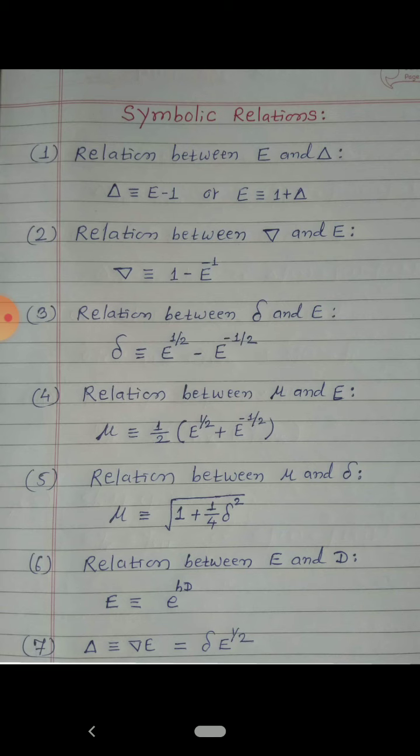That means e raised to minus n f of x is equal to f of x minus nh, and like that. With these operators, we have completed our basic concepts of finite differences.